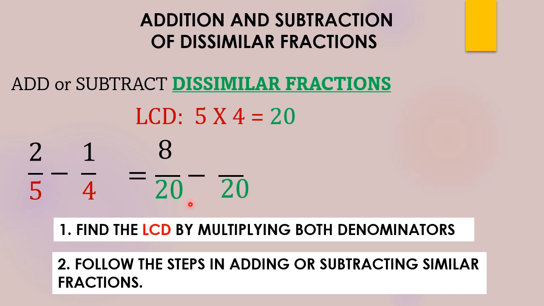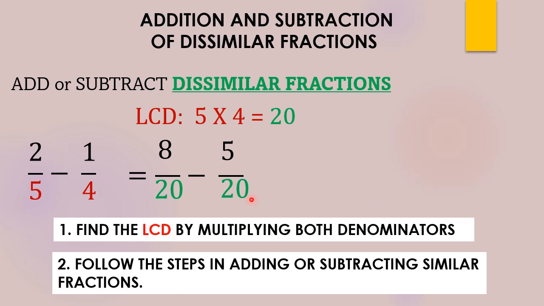To get the fraction of 1/4 whose denominator is 20, we divide 20 by 4. 20 divided by 4 will give us 5, then times 1 is 5. So 5 over 20 is the next fraction, and it is equivalent to 1/4.